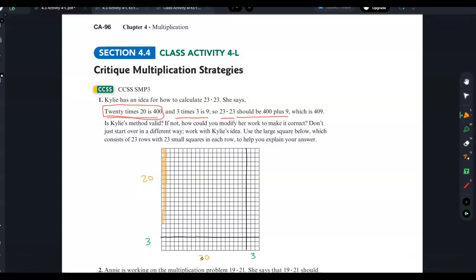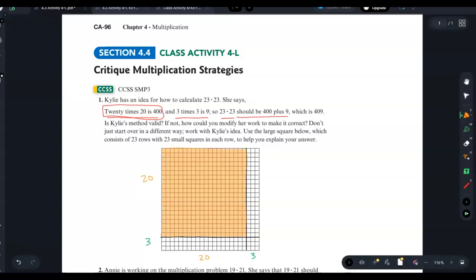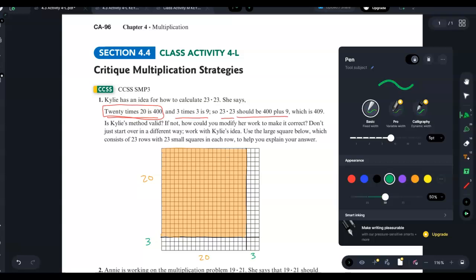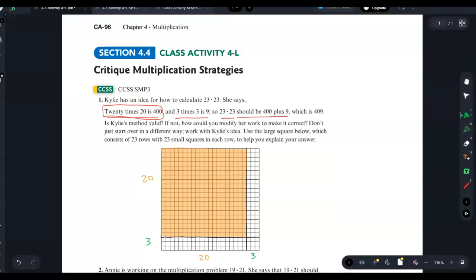So this square right here would be 20 squares by 20 squares. And so in my head, I can easily find that that's 400. So there's my 20 by 20 orange square. And then the 3 by 3 square is right here. So that smallest square would be 3 by 3.